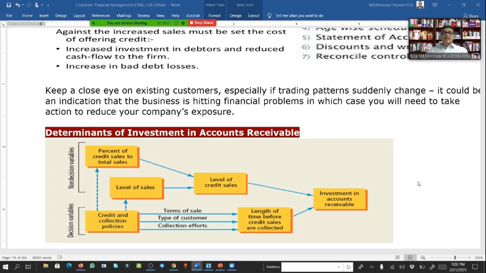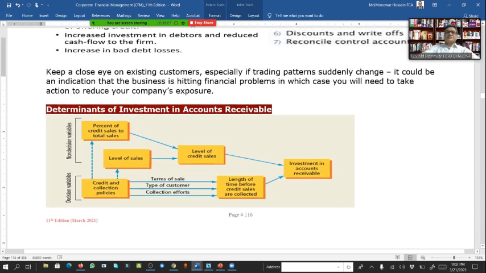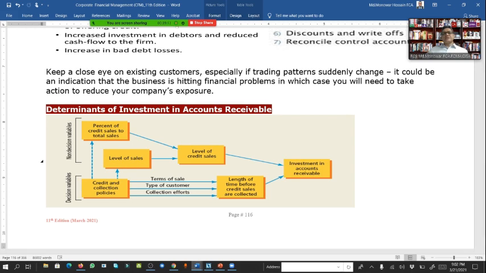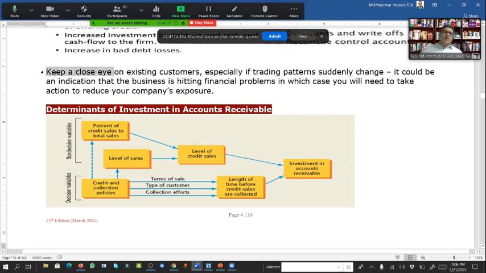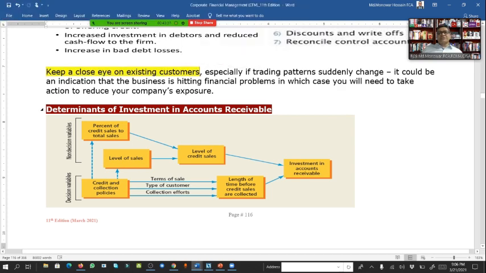Keep a close eye on existing customers, especially if trading patterns suddenly change. It can be an indication of the business's financial position. That type of problem sometimes happens.